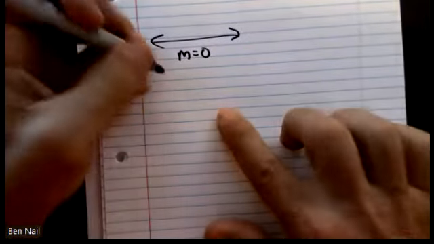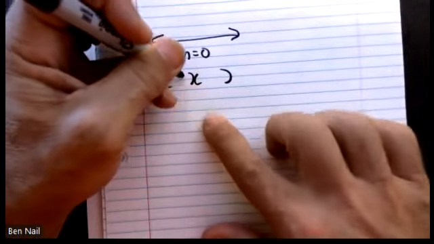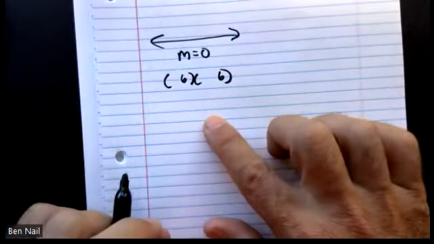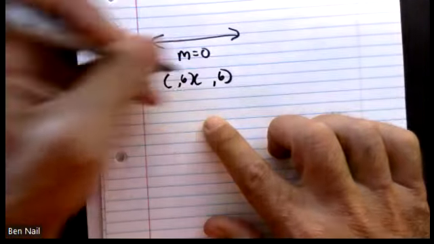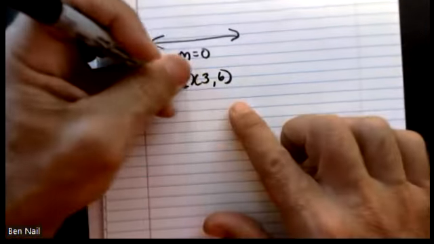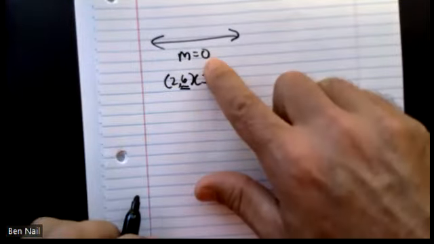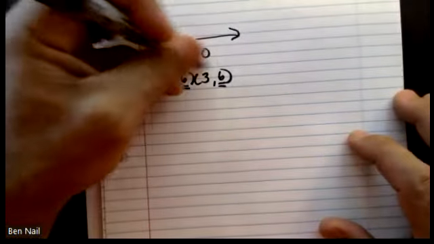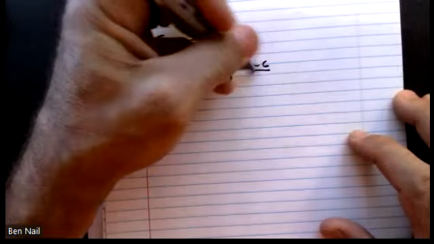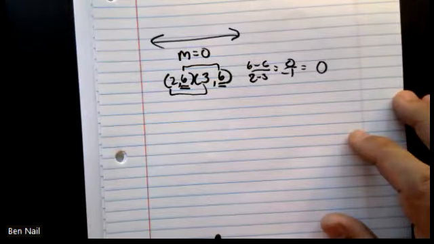Okay, what that looks like with points is you'll have the same y coordinate. Okay, your x's can be different, but if you have the same y coordinate, that's going to give you a slope of 0, which makes sense because if you subtract your 6 minus 6 over 2 minus 3, you're going to get 0 over some number, and 0 divided by anything is 0.